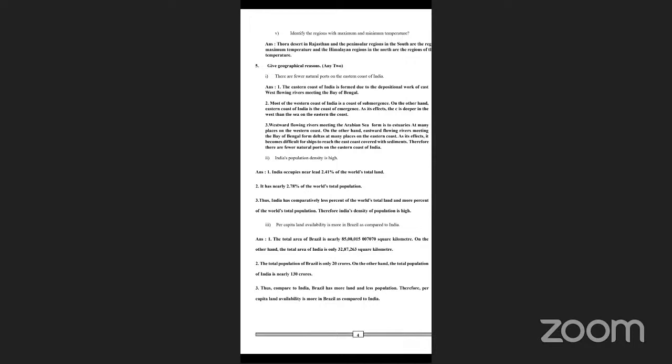The first reason is that the eastern coastal part of India is mainly formed due to the depositional work of east flowing rivers and the rivers meeting the Bay of Bengal. Second, most of the western coast of India is a coast of submergence.